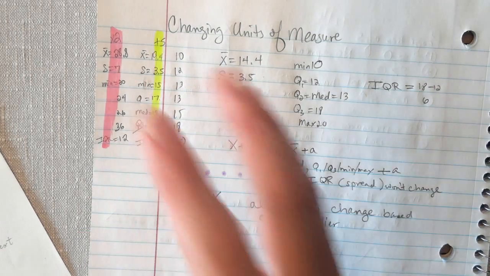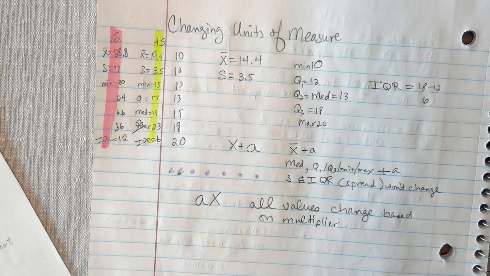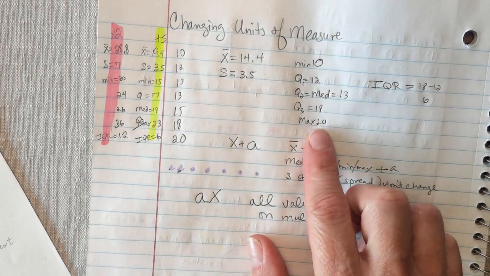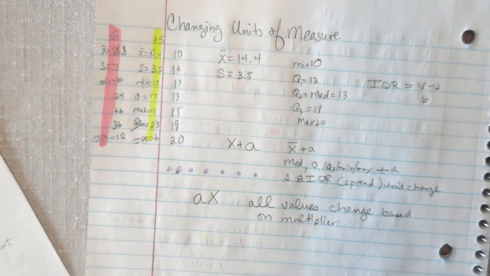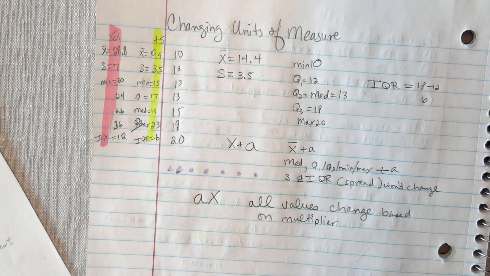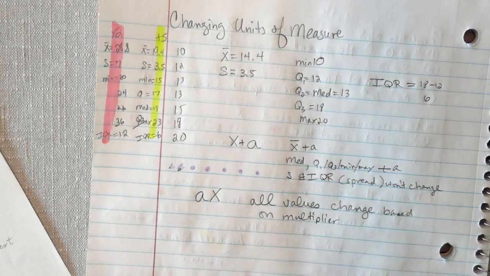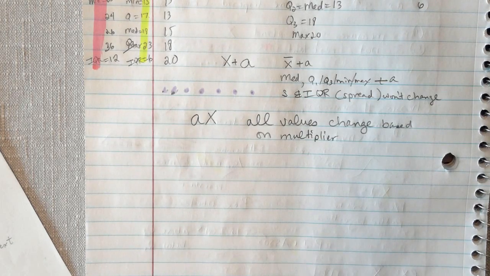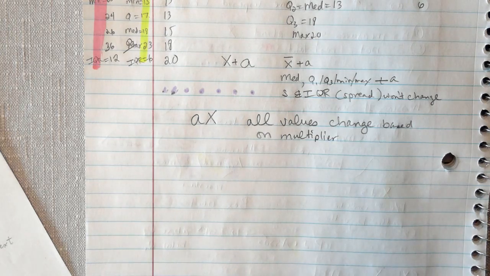I think I just had an oops in there. 36 minus 20 is 16. Oh no, I'm sorry. Our maximum would be 40. 40 minus 20 is 20. The original range was 10. Yeah, everything gets changed by said factor. So that is how we change units of measure.